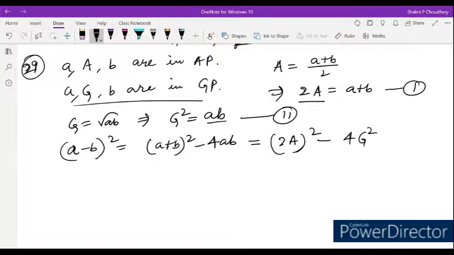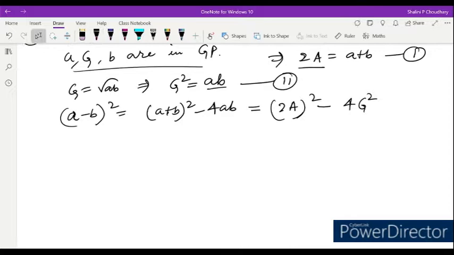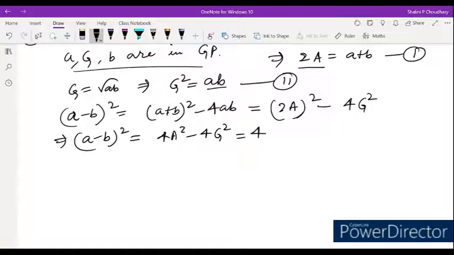It means (a minus b) whole square will be equal to 4A square minus 4G square. We can take 4 common, so A square minus G square.